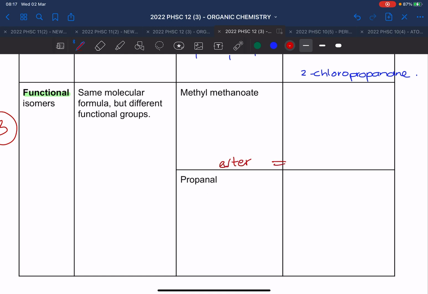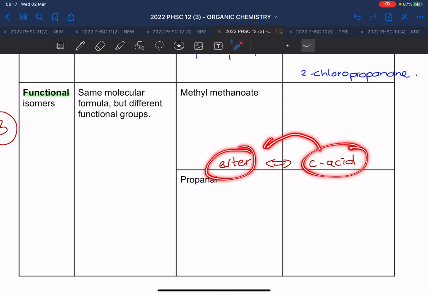So you can go from an ester to a carboxylic acid, or from a carboxylic acid to an ester.